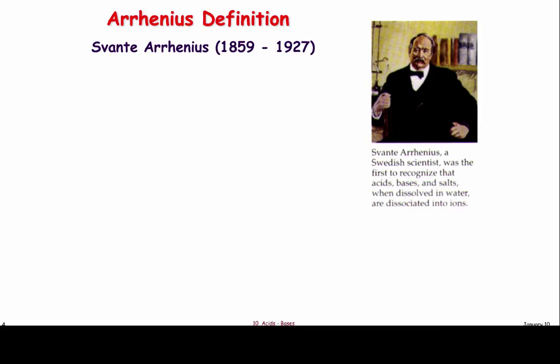A definition of an acid was first proposed by Arrhenius, and Arrhenius defined an acid early on as any chemical that increases H+ or H3O+ concentration.